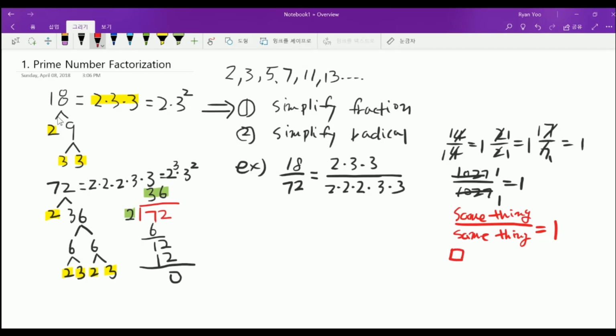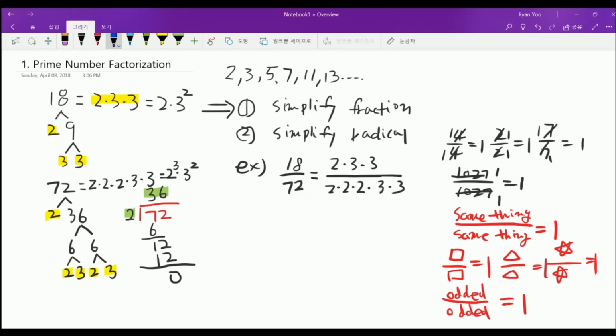So square over square is equal to 1. Triangle over triangle is equal to 1. Or star over star is equal to 1. Odded, O-D-D-E-D, odded over odded is equal to 1. Same thing over same thing is equal to 1.